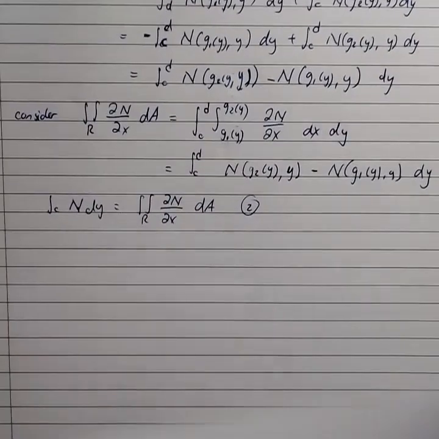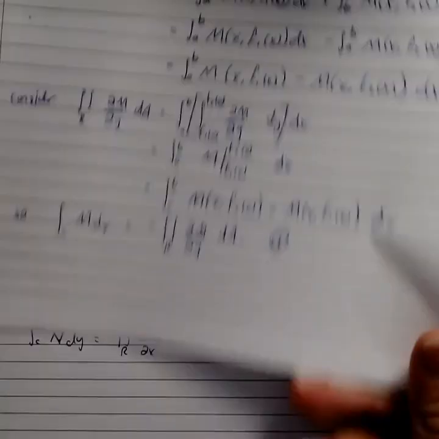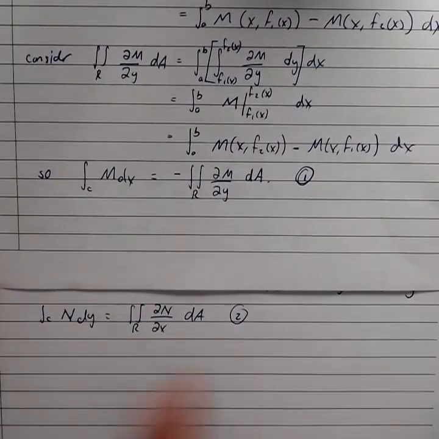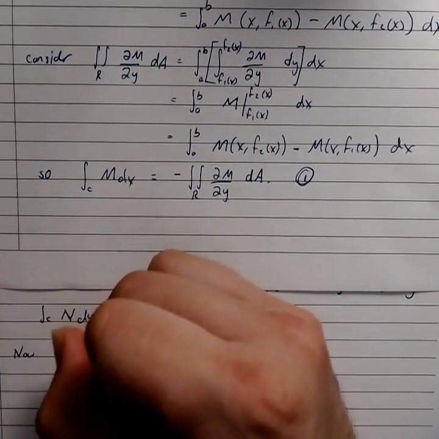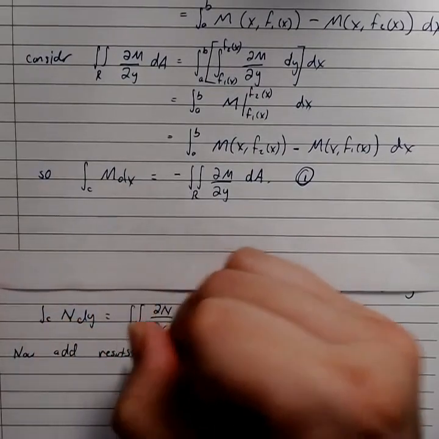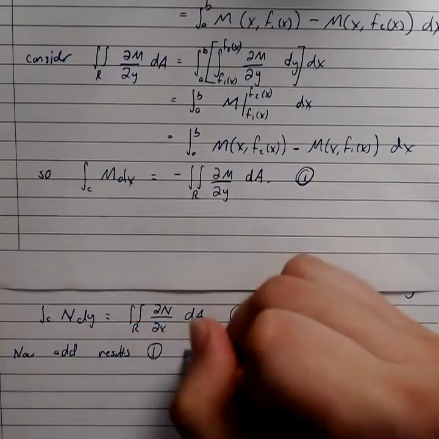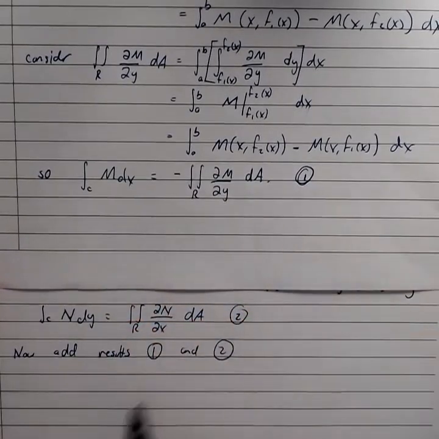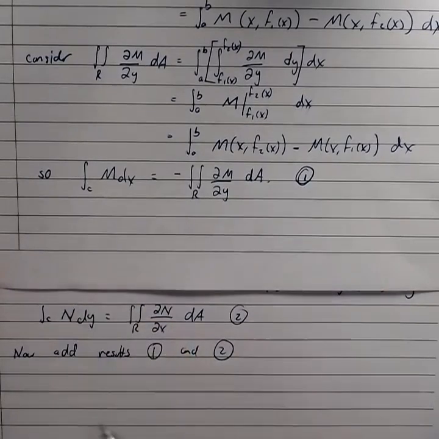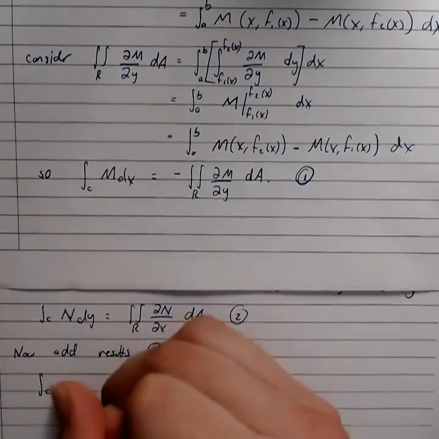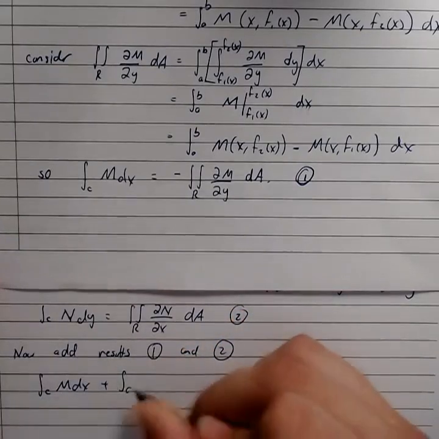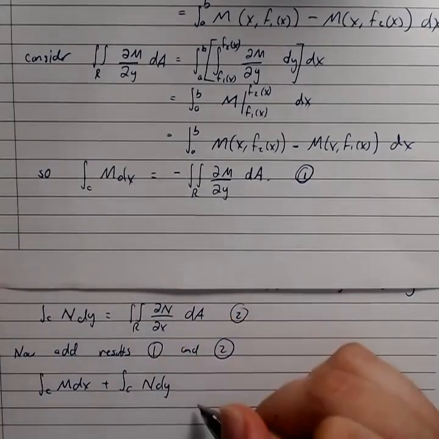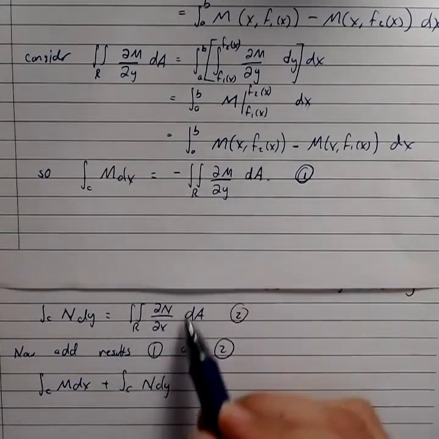So now you just add these together. Note we had result number 1 from before, result number 2 now. Now add results 1 and 2. So I'm going to get the integral over c of m dx plus the integral over c of n dy is equal to, let me go ahead and add these together.